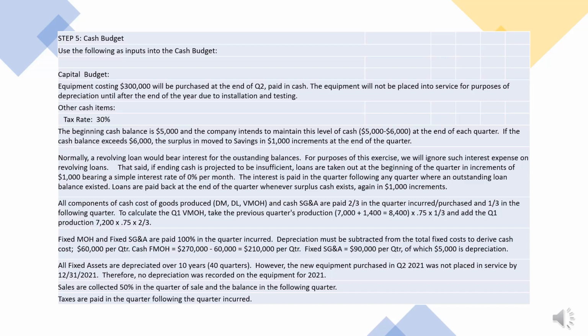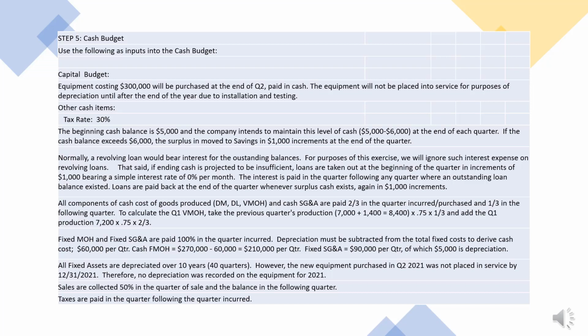First of all, we have a capital budget. Equipment costing $300,000 will be purchased at the end of Q2, and it's paid in cash. The equipment will not be placed into service for purposes of depreciation until after the end of the year due to a long time period for installation and testing.